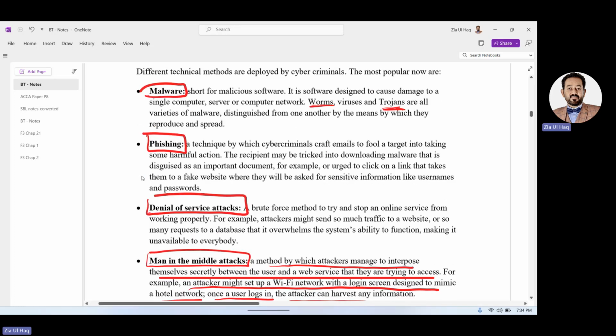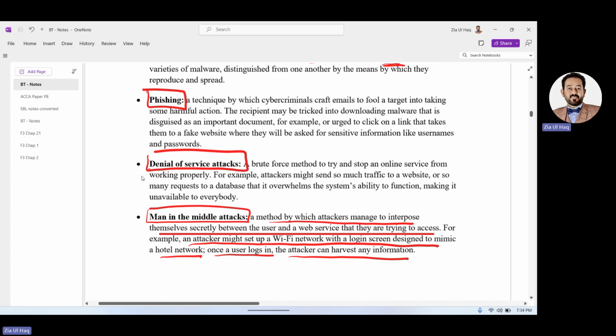And phishing is a virus that enters the system through email or message. Denial of service attack is a virus that will open different pop-up menus. And man in the middle is a person accessing your system through a network, watching what you are doing and secretly stealing your important information.